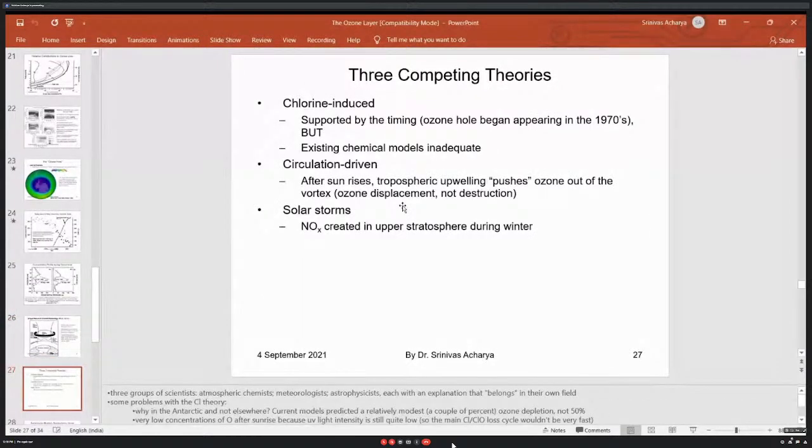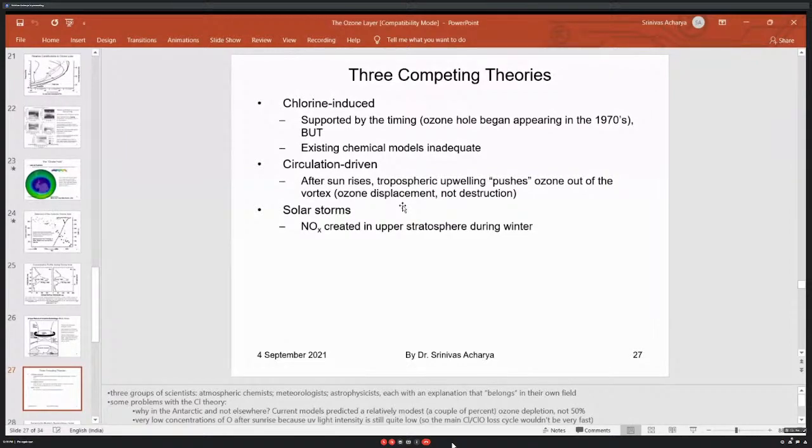Three competing theories are there. This is chlorine-induced reduction, or circulation-driven reduction, that is your vortex or cold wave, and some is called solar storms, that is oxides of nitrogen created in the upper stratosphere during the winter.